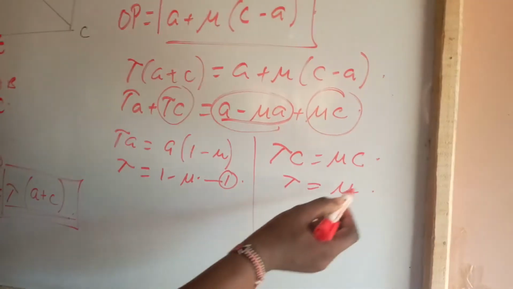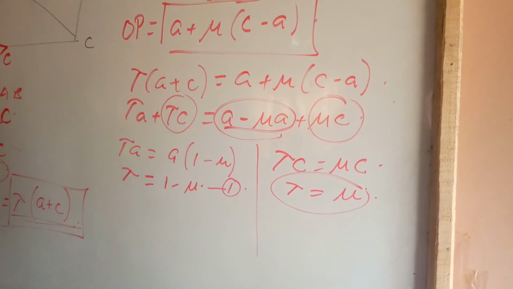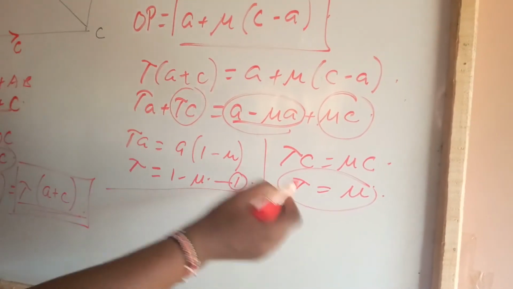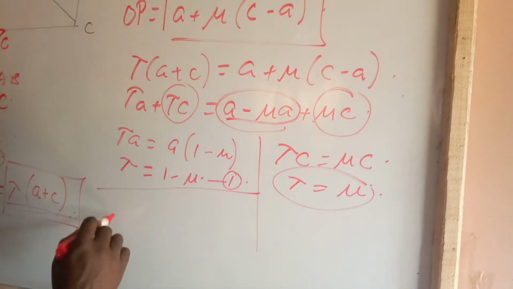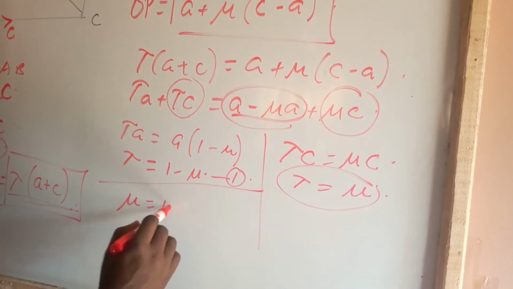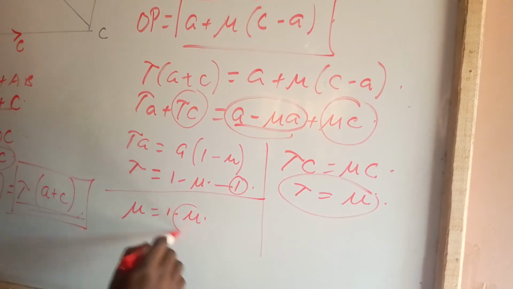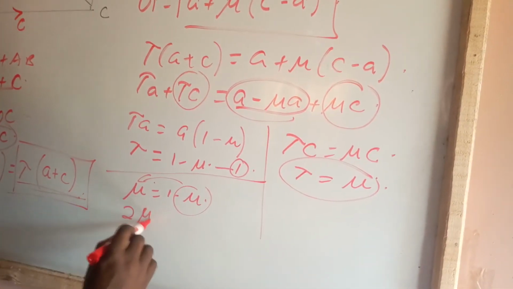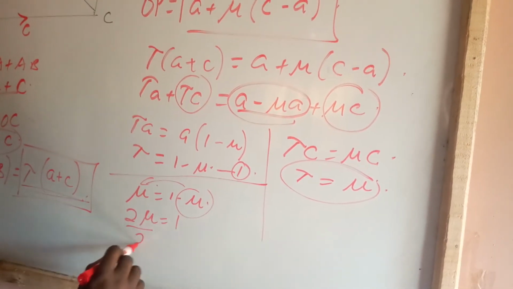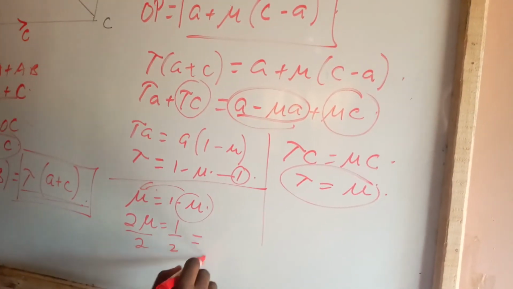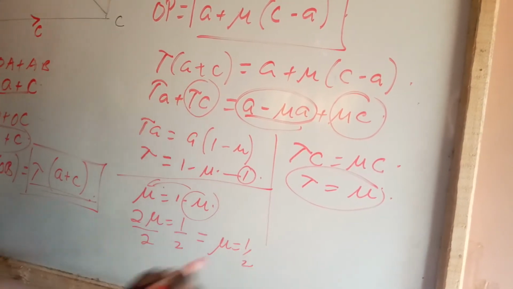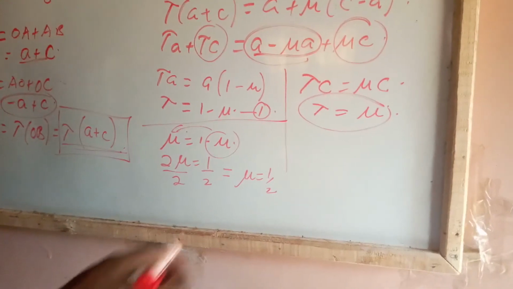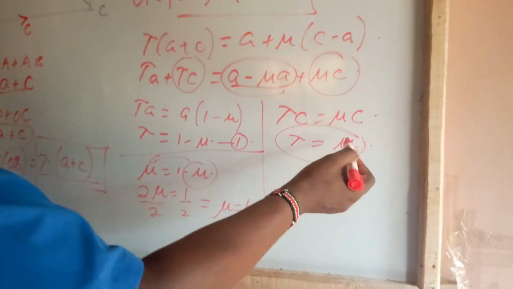If we substitute this here, wherever we come across lambda we write mu, then because lambda equals mu, we are going to have mu equals 1 minus mu. If we cross over this side, then we have 2 mu equals 1. Divide by 2, then mu equals a half. Having realized this, we must also remember that lambda equals mu.